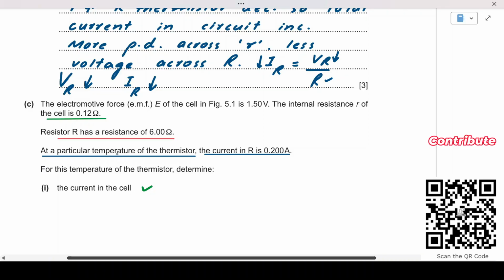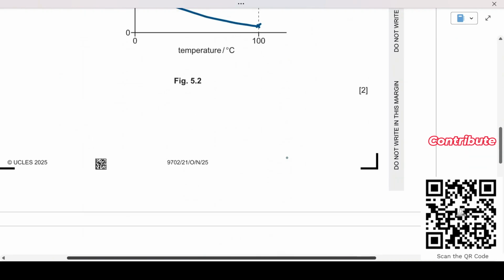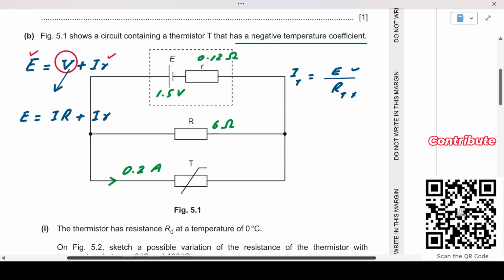So at a particular temperature of the thermistor, the current in R is 0.20. Okay, so this one is 0.20, not over here. The current through this one is 0.20 amperes. Yeah, then we don't even need it.